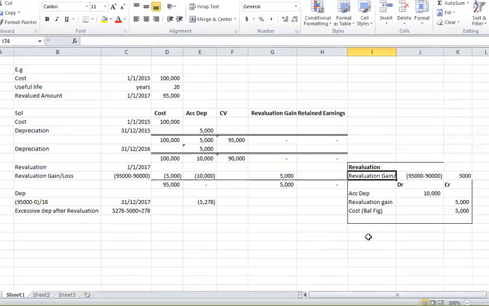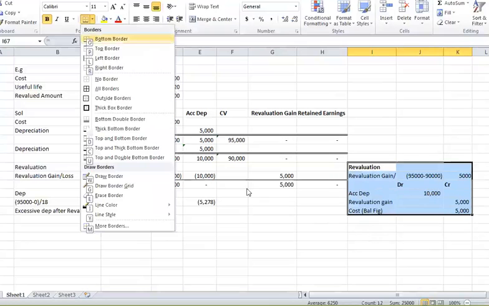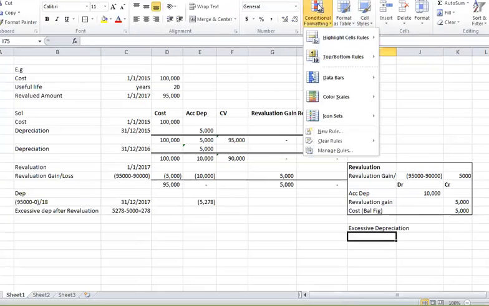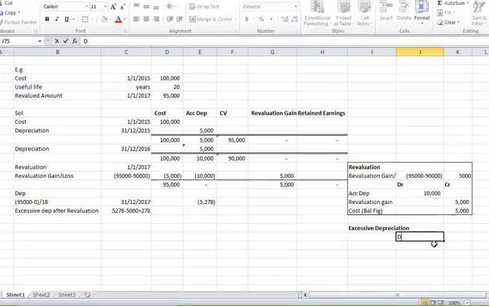So the double entry for the excessive depreciation would be, this is the debit side and this is the credit side.